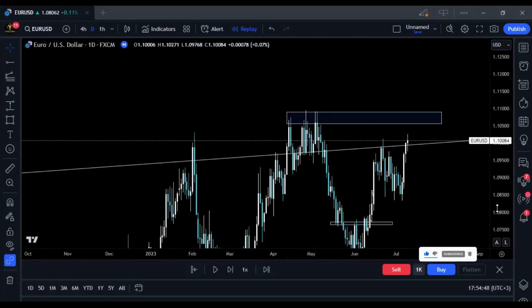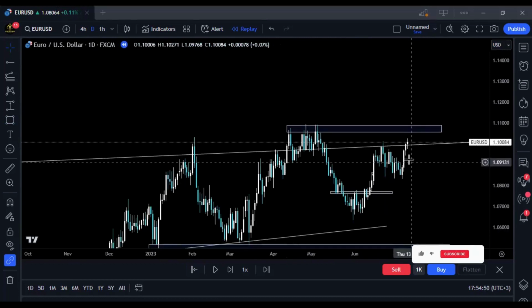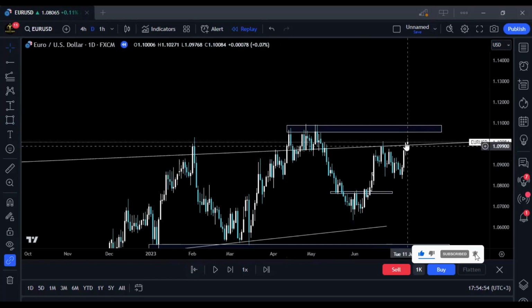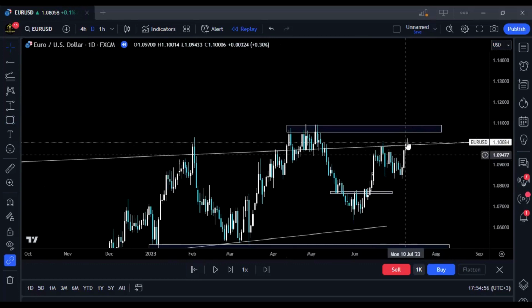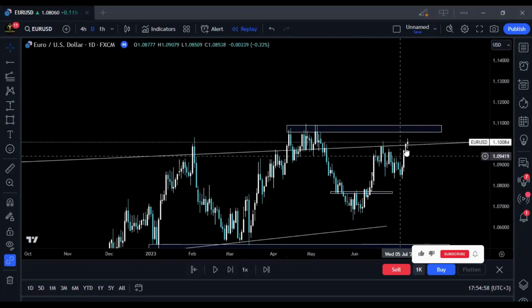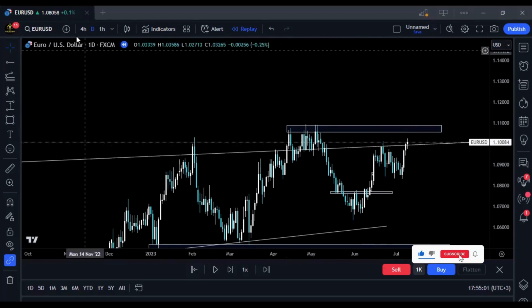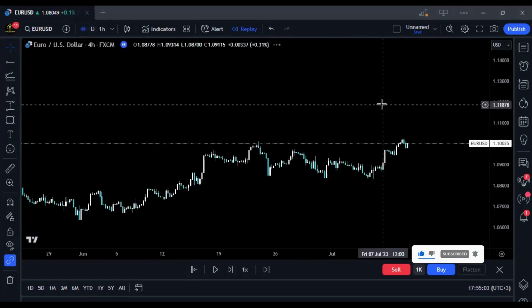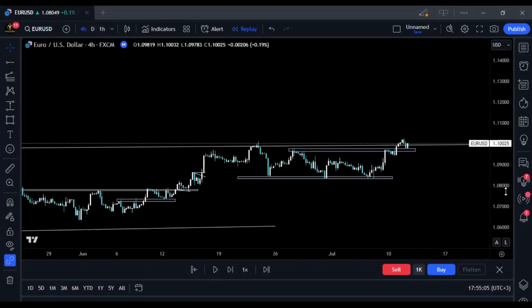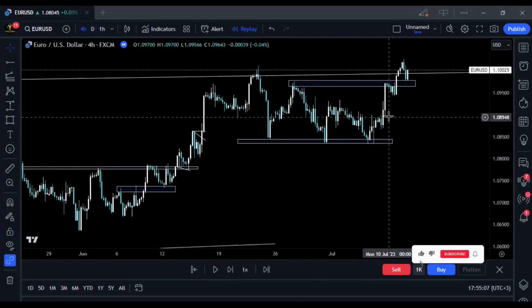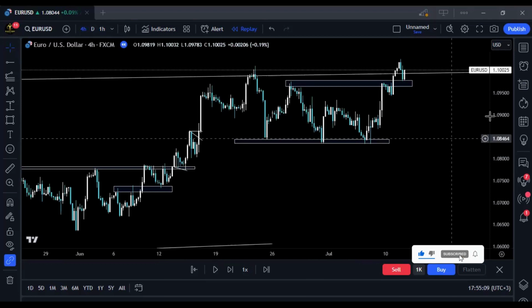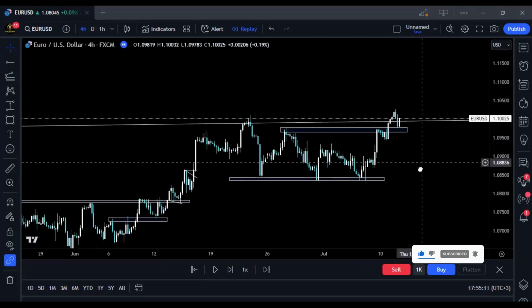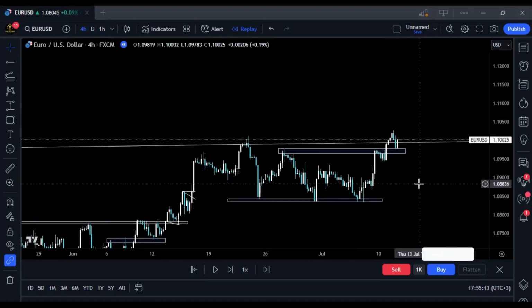Okay, so the daily was some kind of a doji, so maybe I wouldn't take it. That's why I think I didn't take the trade, because the daily was some kind of a doji. But if you look at the structure here, the structure was perfectly clear.